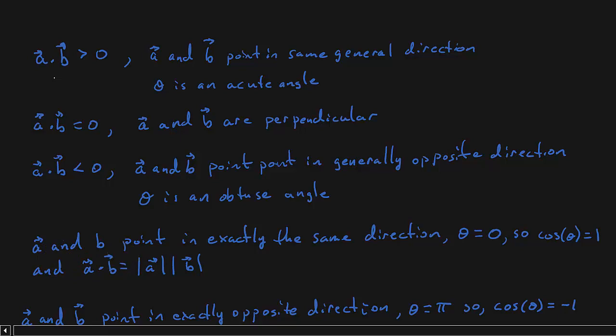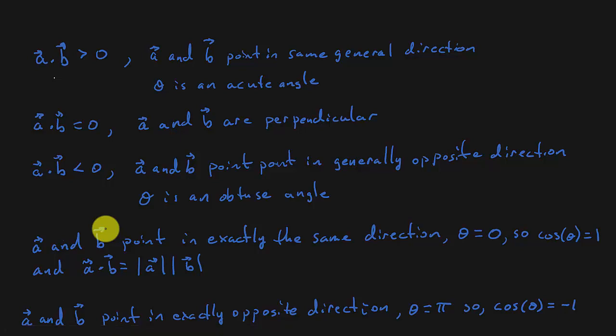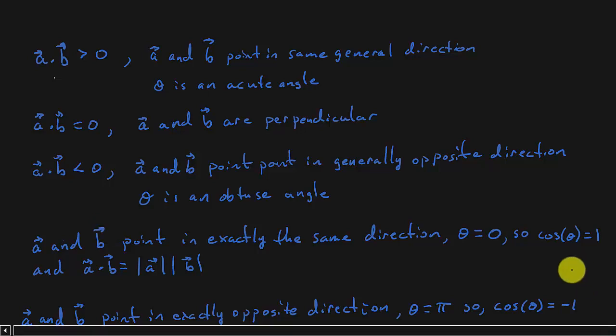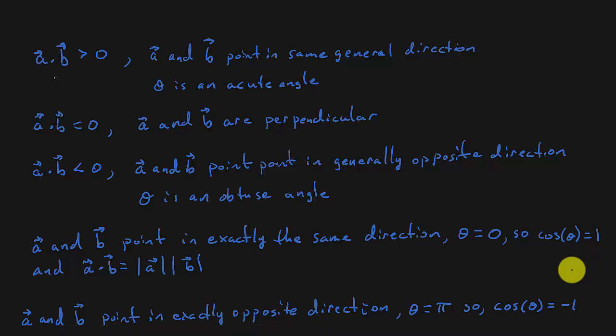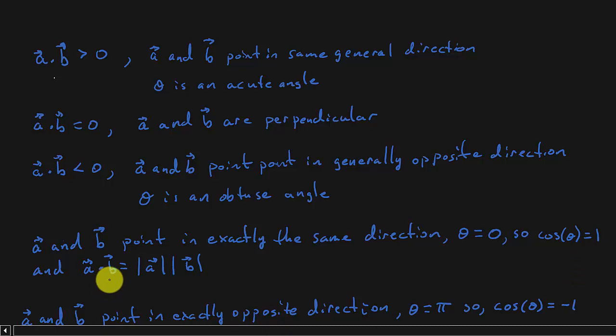Vectors A and B point in exactly the same direction if theta equals 0. So that would mean cosine theta is equal to 1. Okay? And the dot product of A and B would be the magnitude of A times the magnitude of B.